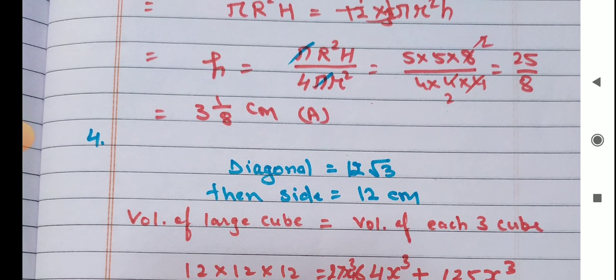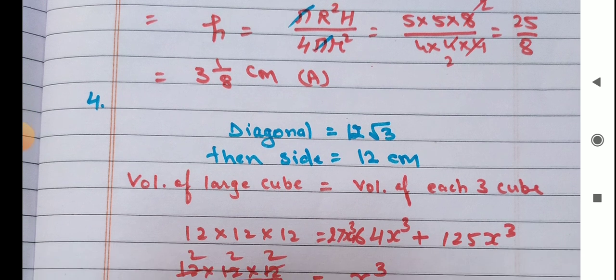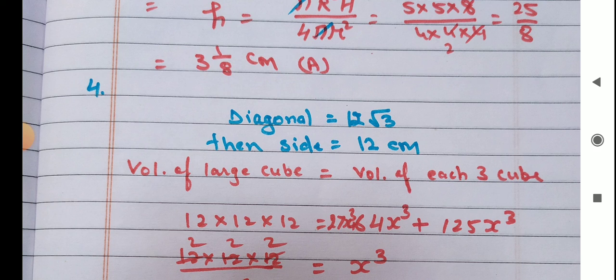Here diagonal is 12√3, then the side of the larger cube is 12 centimeter. Volume of the large cube equals the volume of the 3 cubes, because the three cubes are made from the previous one by melting. Volume of cube is side multiply side multiply side, so 12 multiply 12 multiply 12.